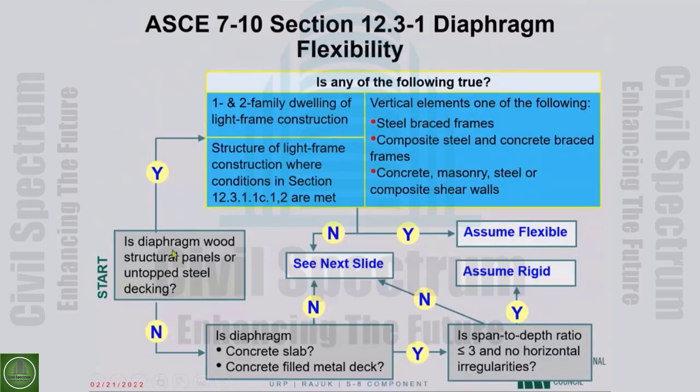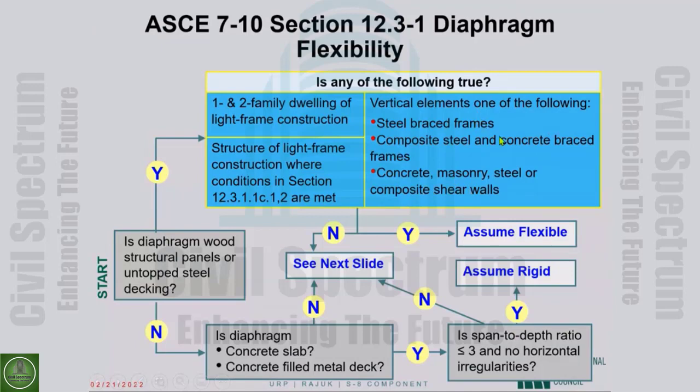Thirdly, this is a big one. If your diaphragm made of structural wood panels or untopped steel decking is supported on rigid vertical seismic force resisting systems, which should be steel braced frames, composite steel and concrete braced frames, concrete, masonry, steel or composite shear walls.